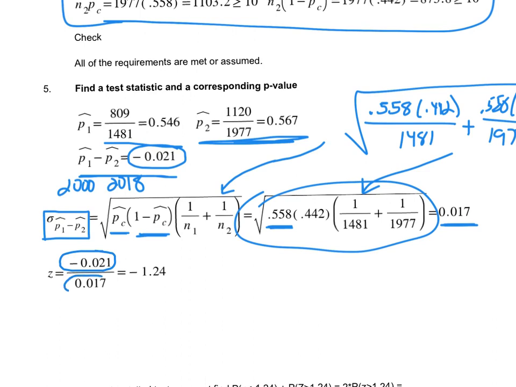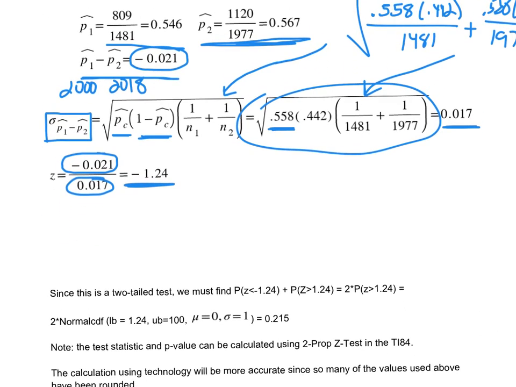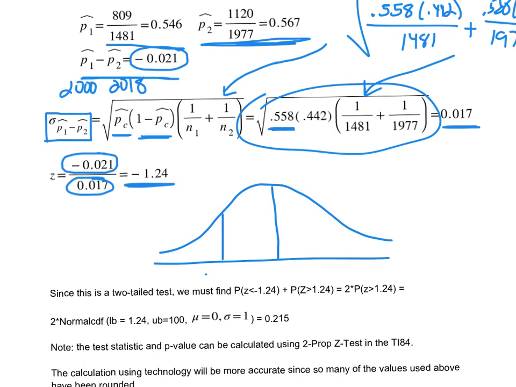We've got our standard error. We do the division, and we get a z-score of negative 1.24. Okay, good idea to draw a picture here. Negative 1.25 standard deviations below the mean here-ish.